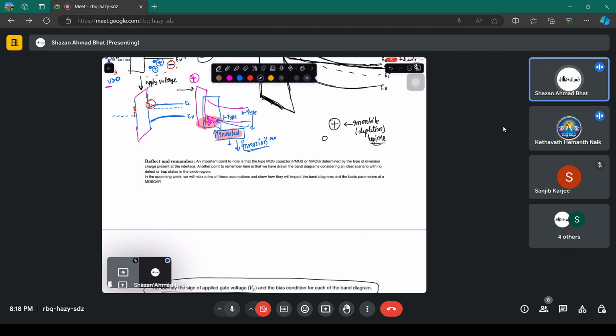In a PN junction, is the effective mass higher for ions? No, that is for the holes, not for the ions. An ion is already heavier than the electrons as well as the holes.